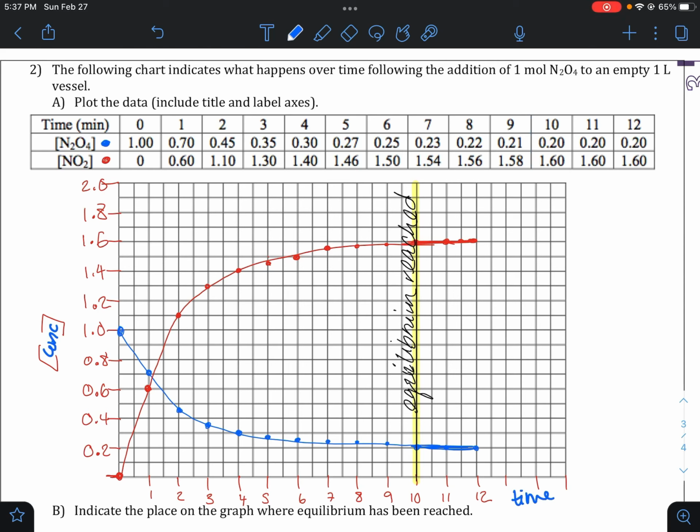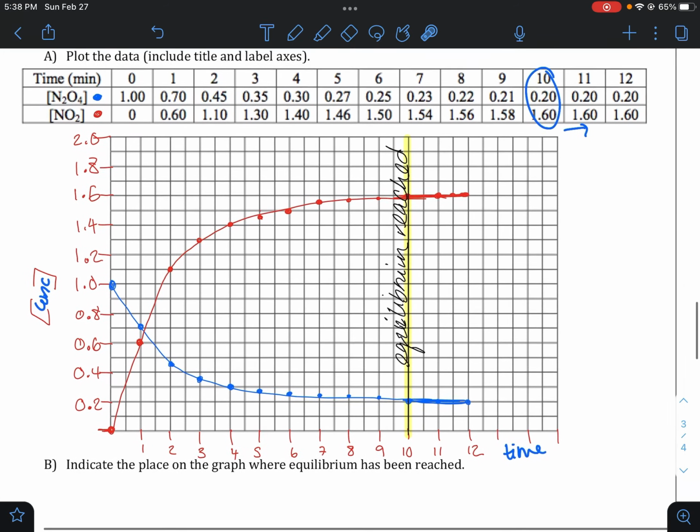It is equilibrium at 10 because of what happens behind it, that it stays the same. So our equilibrium is reached at 10 minutes. Not between 9 and 10, but when you see that value and that value does not change.